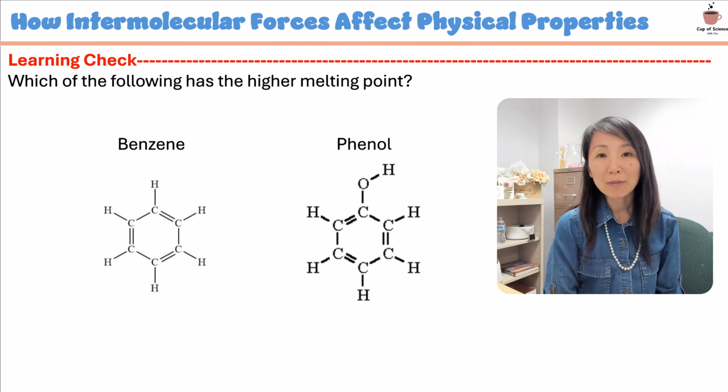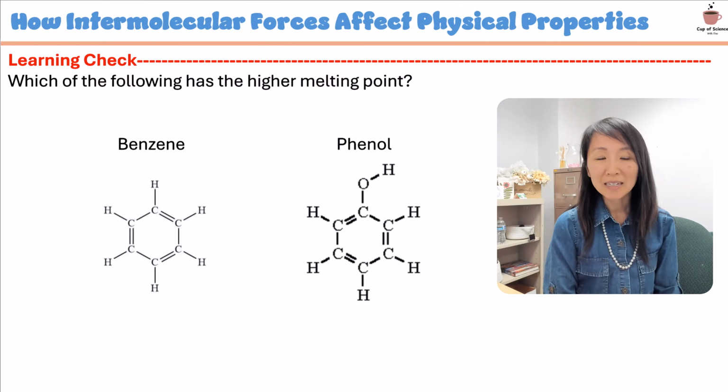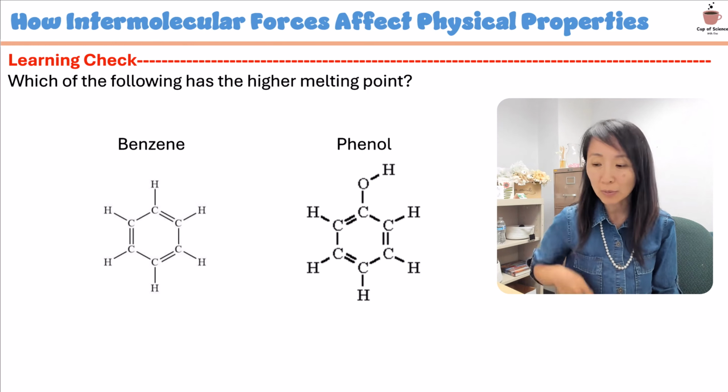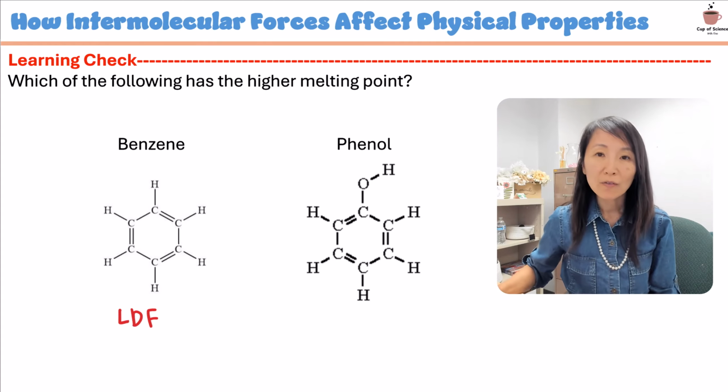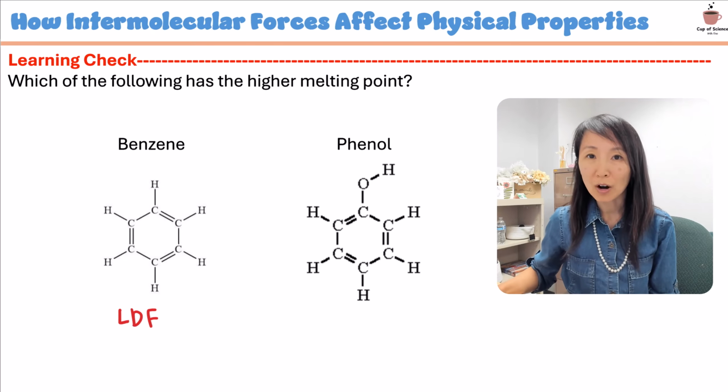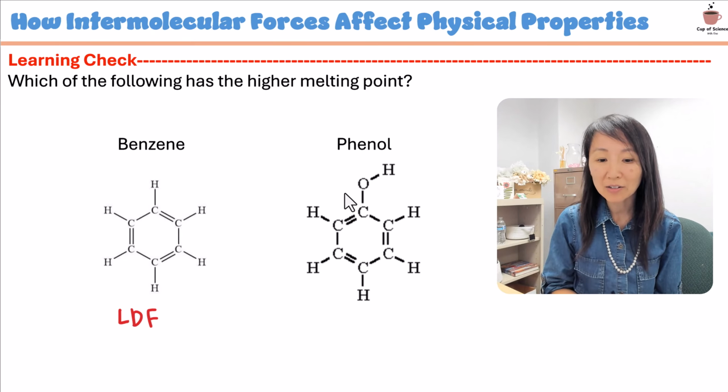So, coming back from the pause, benzene is a hydrocarbon, meaning it is a nonpolar substance. All nonpolar substances participate only in London dispersion forces, LDF. Phenol is also mostly hydrocarbon, but it has oxygen present, so it's not fully hydrocarbon.